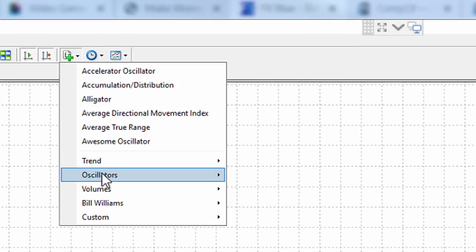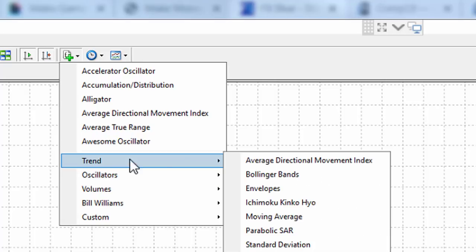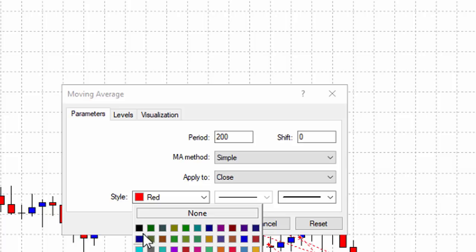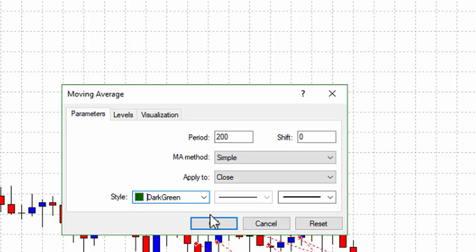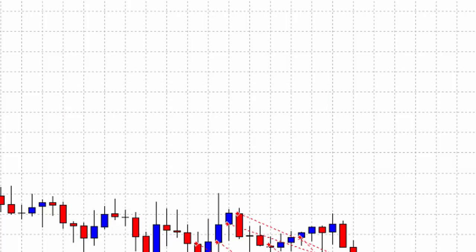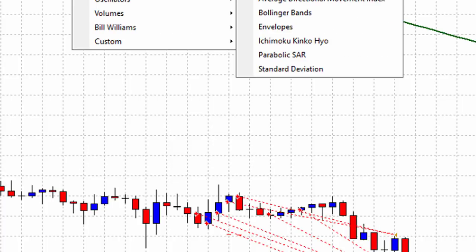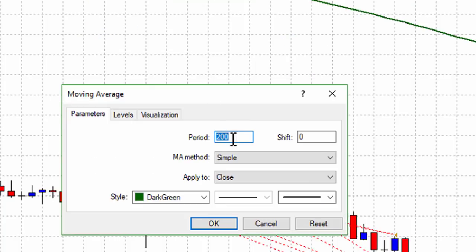So let's have a look. We have a trending indicator, which is the MA. That was a 200. Let's make it a slightly different color. We'll make it green. Okay, so there's the 200 MA, and then we have the other MA, which is the 24.